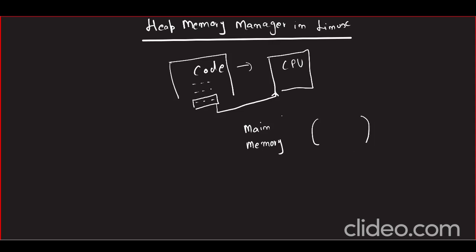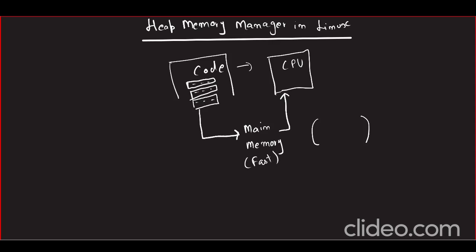So we store these instructions in the main memory, and then the CPU can directly fetch those instructions from the main memory because, first of all, it's fast.